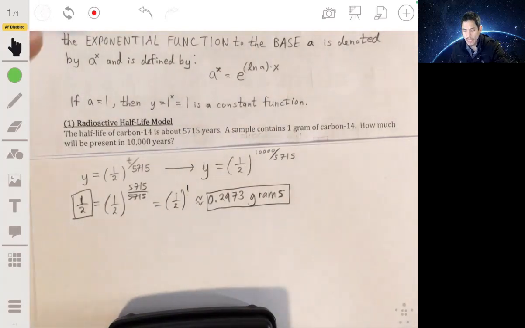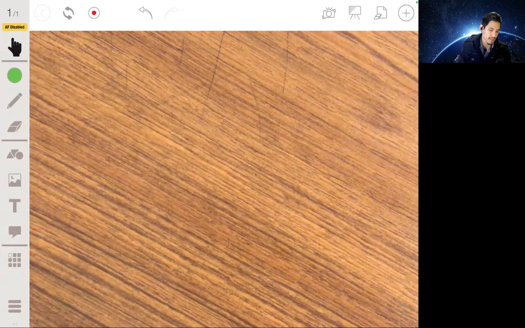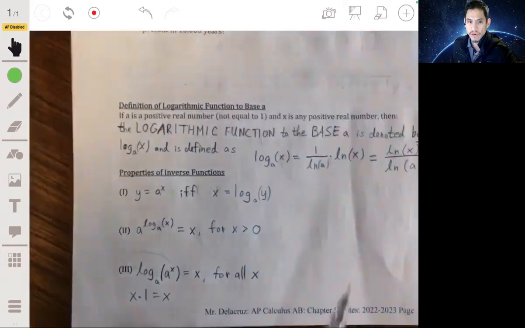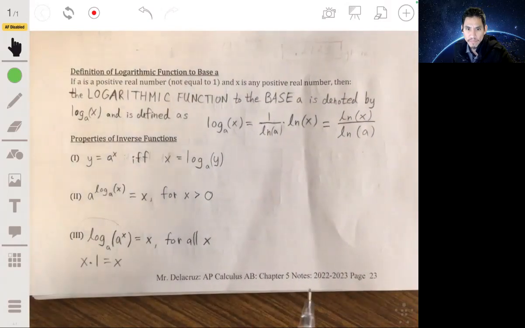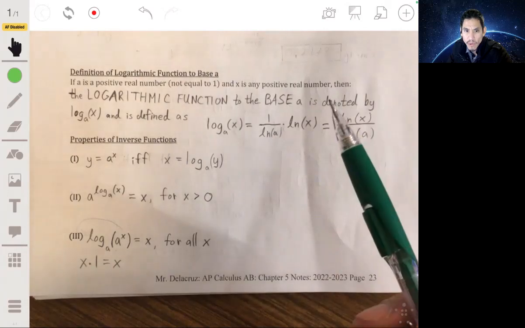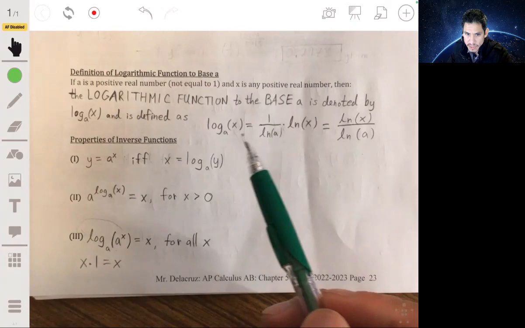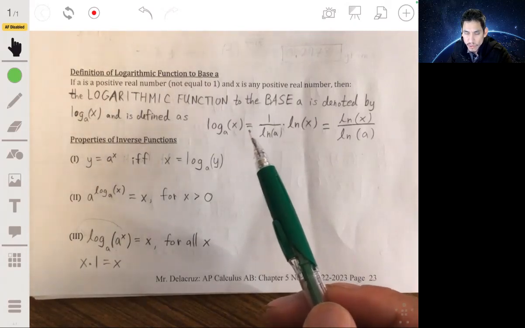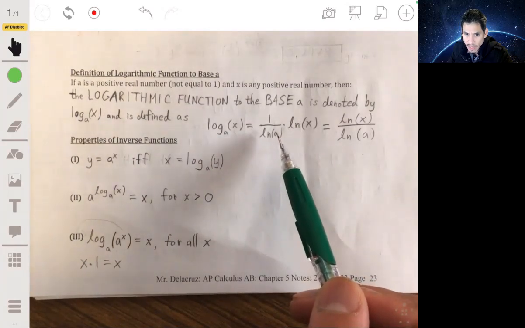All right. Now, let's look at a couple more. Let's review a couple more properties of logarithms before we go through some more examples and before we get to the calculus of this section. So another way we can write a logarithm with a base other than e is by setting it equal to the natural log of x over the natural log of a.